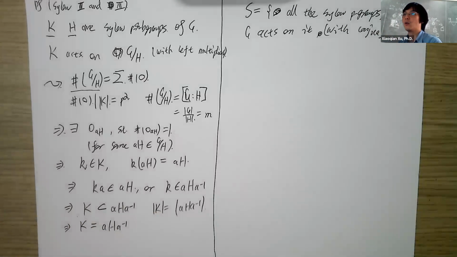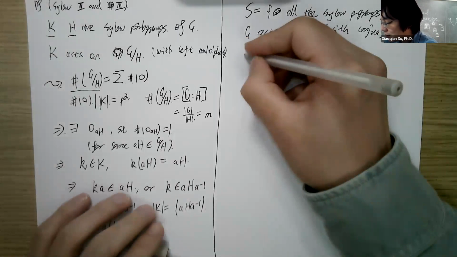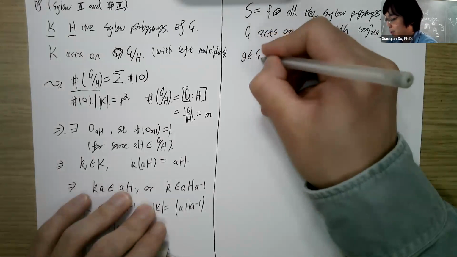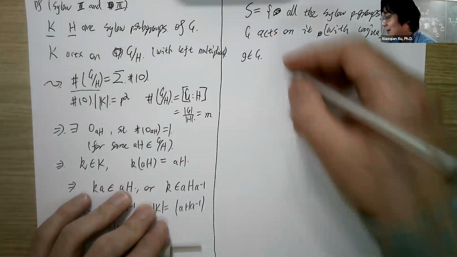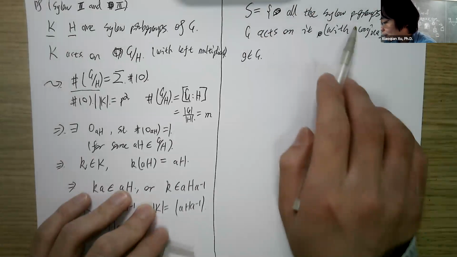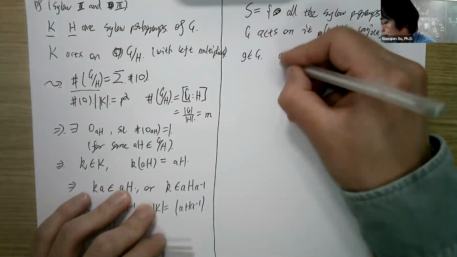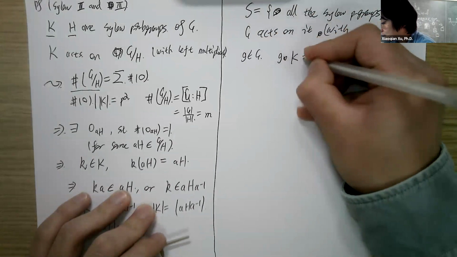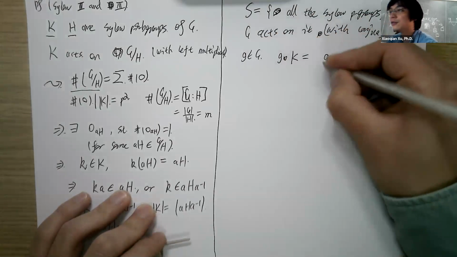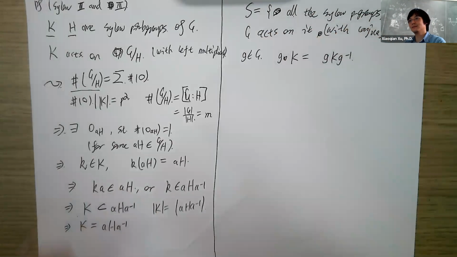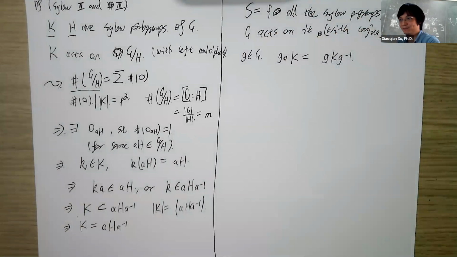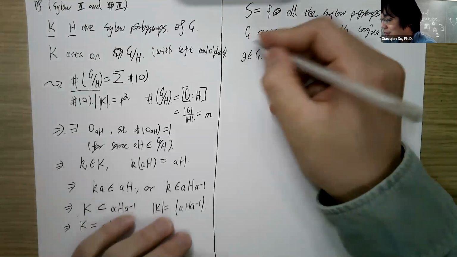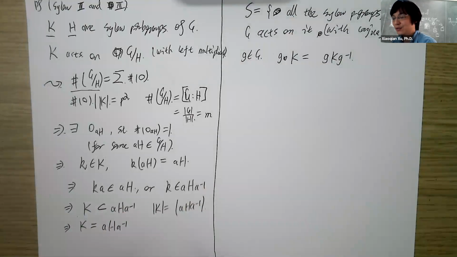With the conjugate operation, which means an element g in G acting on a Sylow P subgroup K is equal to gKg inverse. Okay, we take the conjugate as an action. Then this is an action.